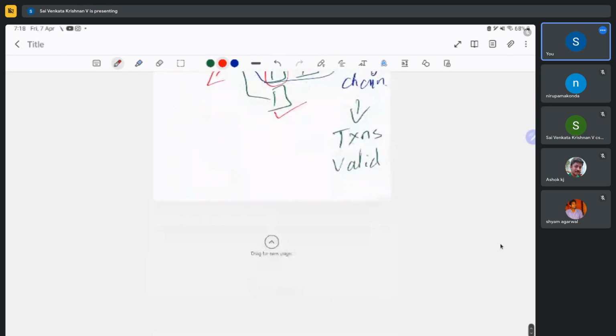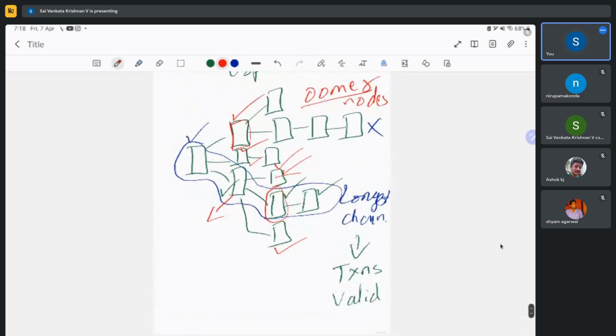And now what Ethereum does is, it doesn't just provide rewards for these longest chain blocks. Usually the mining reward is given to the longest chain block, right?